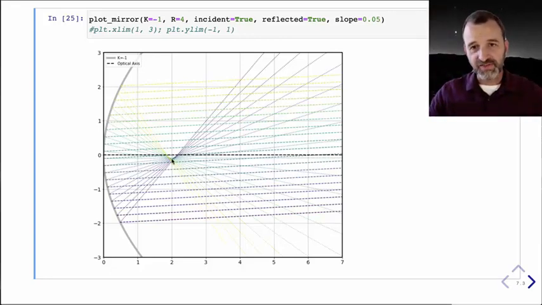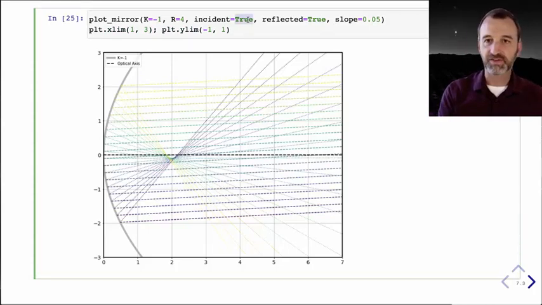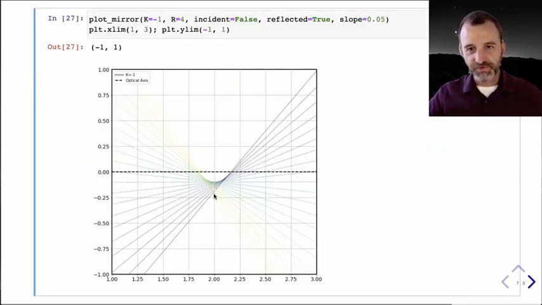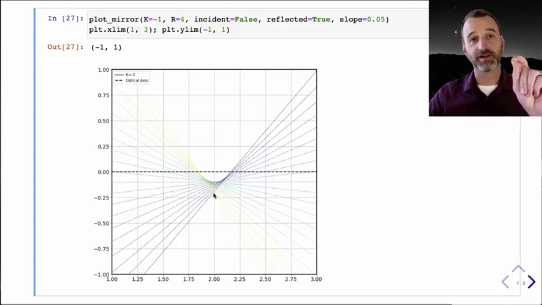So we're seeing this kind of separation of sources from angular separations into linear separations on our detector plane, or focal plane. However, you'll also notice if we zoom in here, and I can turn off the incident rays, that again, the light is not coming to a focus at a single point on a detector.